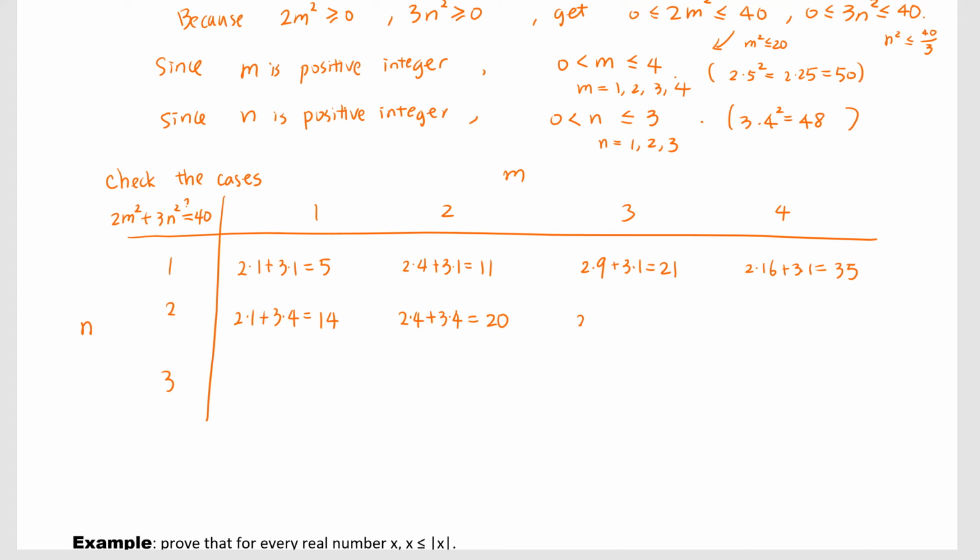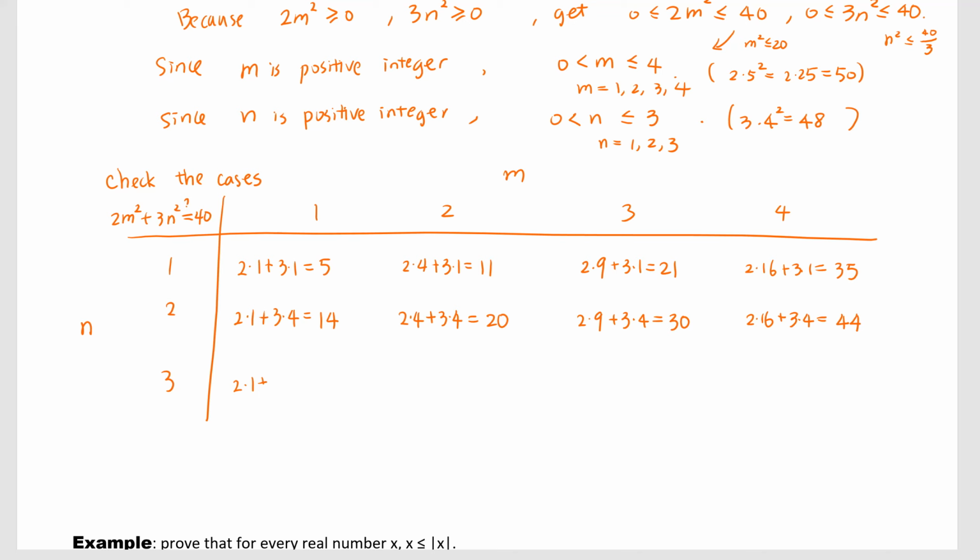And then 2 times 9, 3 times 4, so 18 plus 12 is 30. And then 2 times 16, 3 times 4, 32 plus 12 is 44. So far so good, everybody.